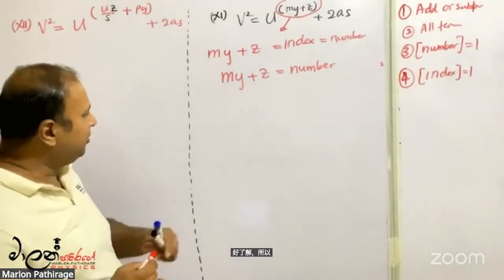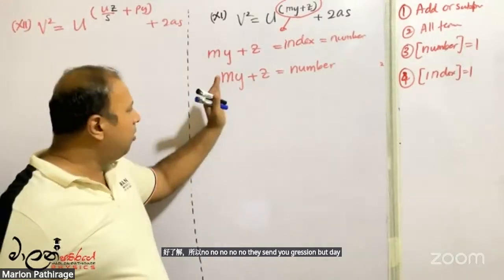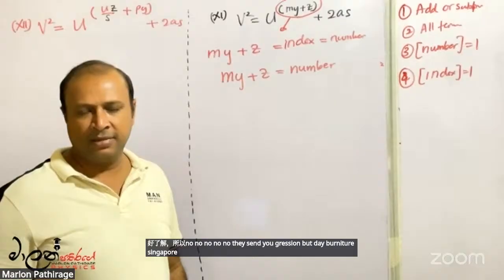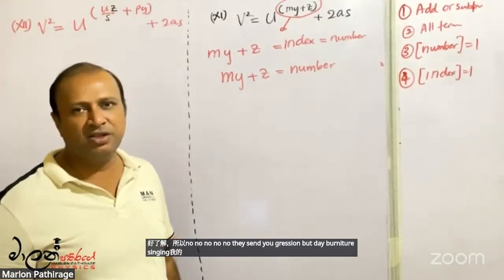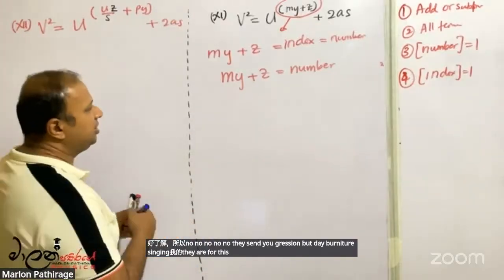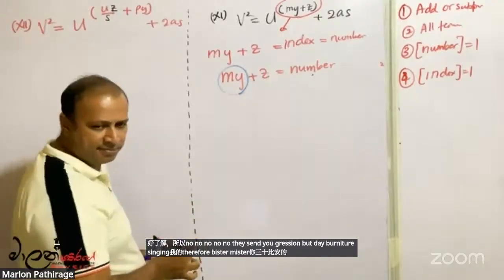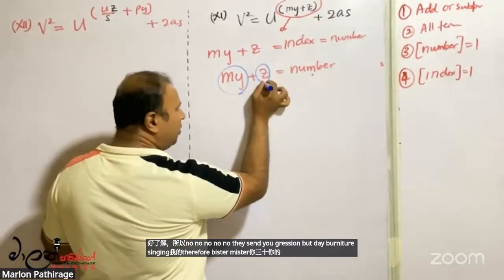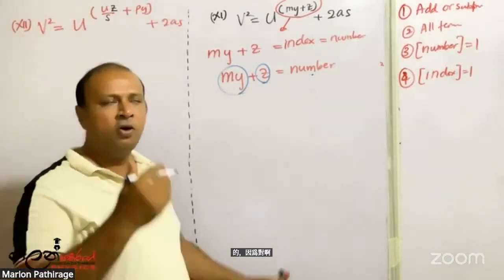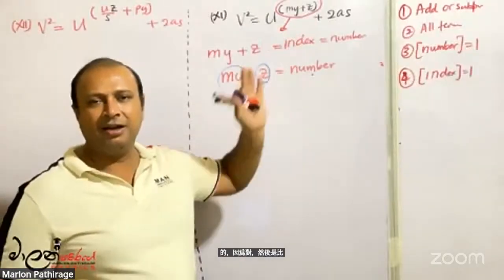So you know now this is an equation. If it is an equation, all the terms in this equation should have the same dimension. Therefore, this one should be a number. This one is also equal to a number. Therefore, all the terms should be numbers.